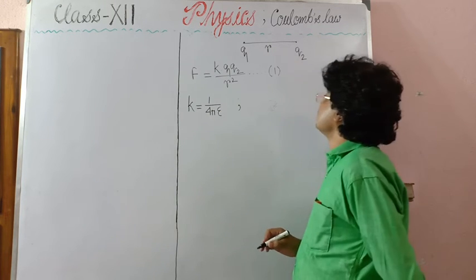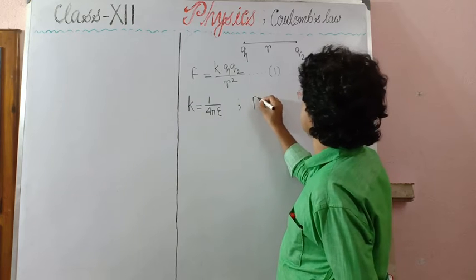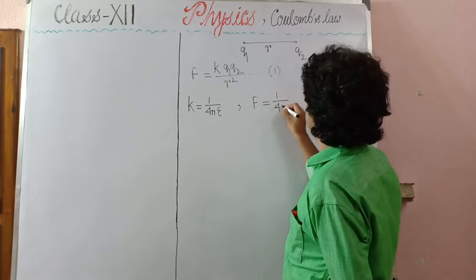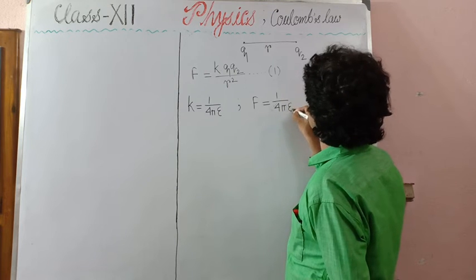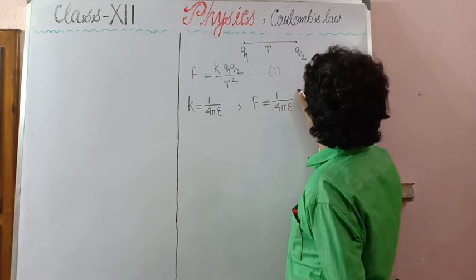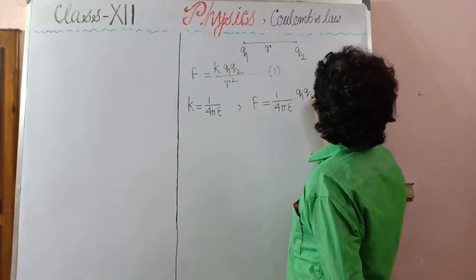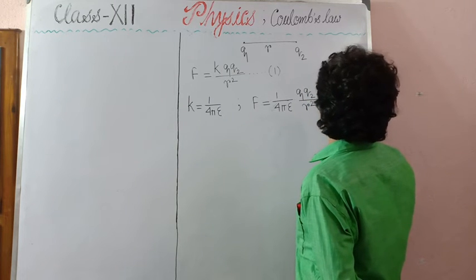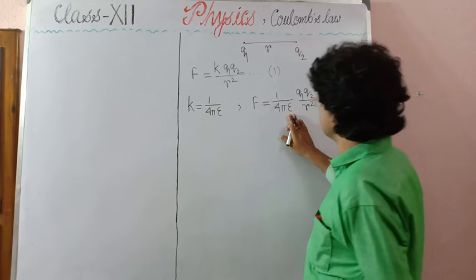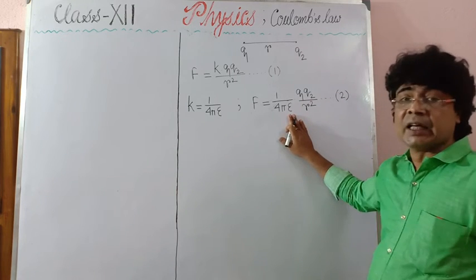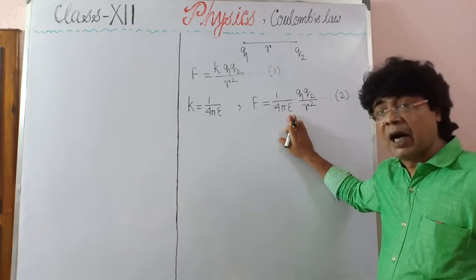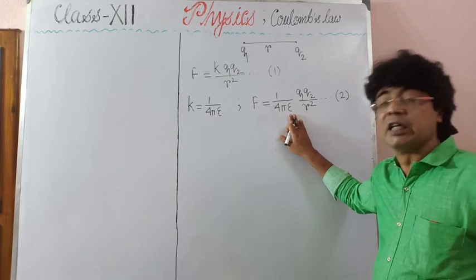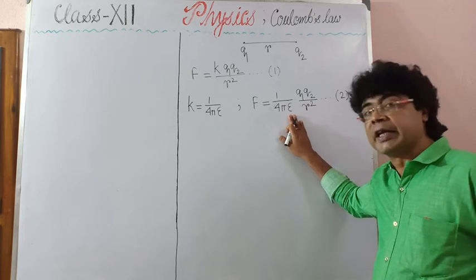So, the electrostatic force F is written as F equals 1 by 4 pi epsilon, Q1 Q2 by R square, where epsilon is referred to as the absolute permittivity of the medium.